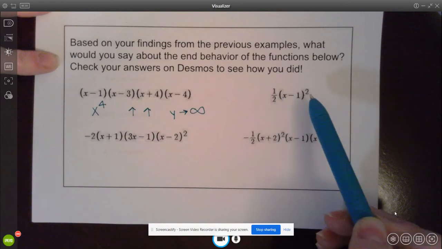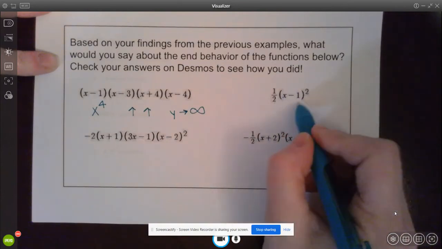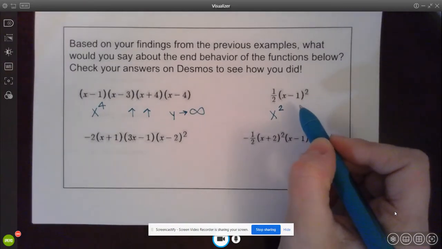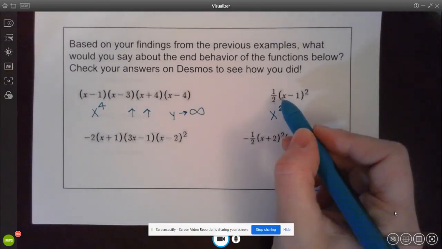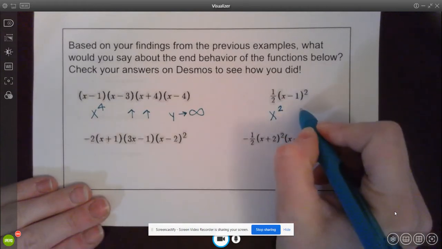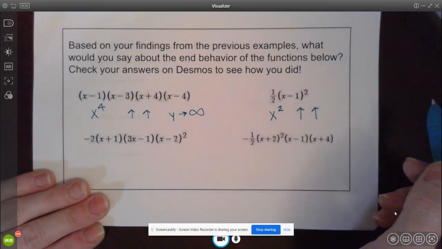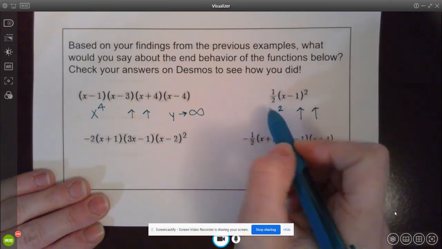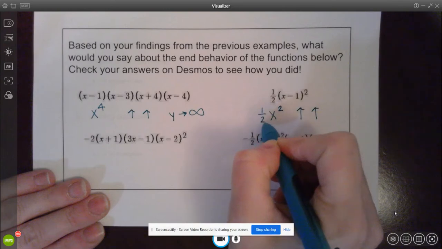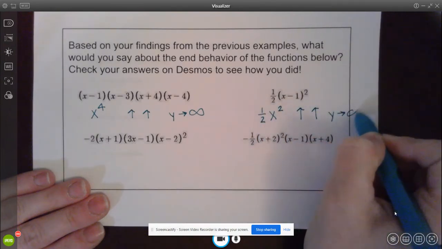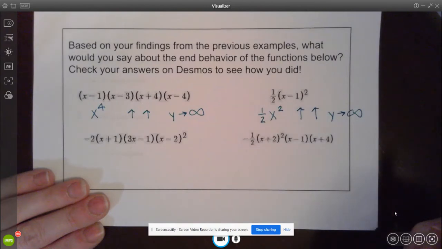So ultimately, my leading coefficient here is going to be 1/2 x squared. Since my coefficient out front, this 1/2, is positive, this is another one where my y values are going to go to infinity.